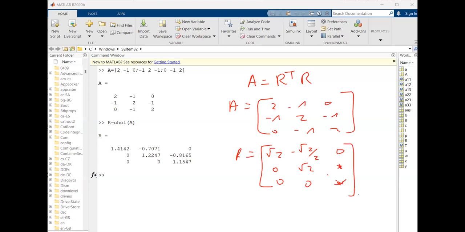So it gives us something like this. And this is basically using the method that I just described earlier.